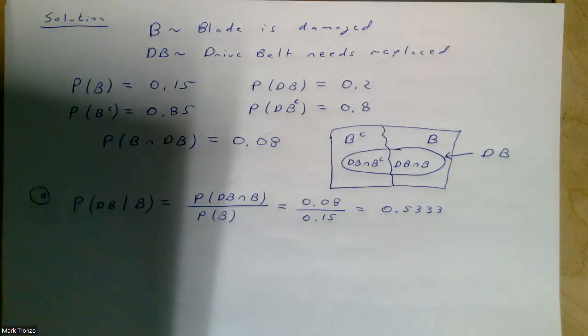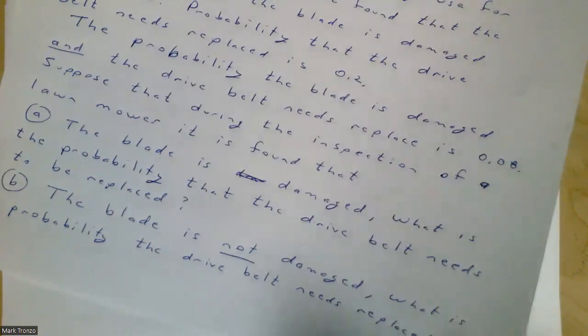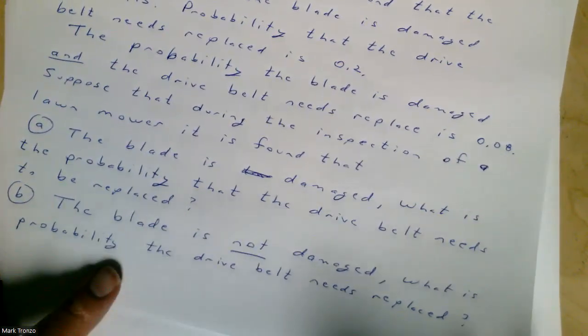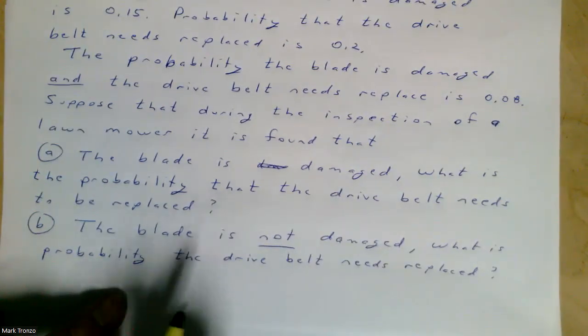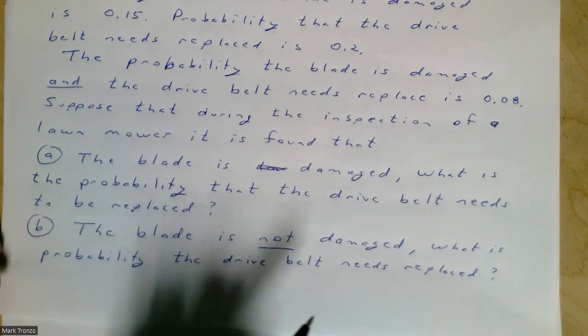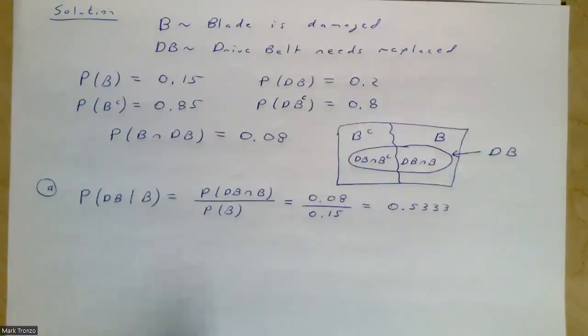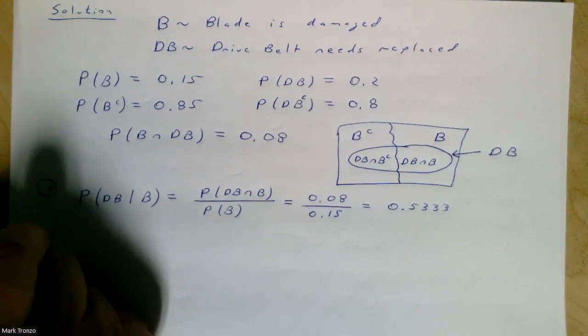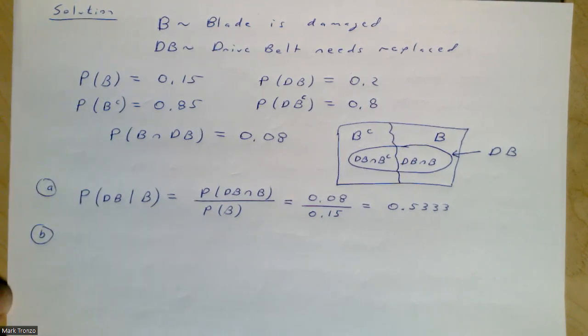That's part A. Now for part B, we know that the blade is not damaged. What is the probability that the drive belt needs to be replaced? So this time we need the answer to this question.